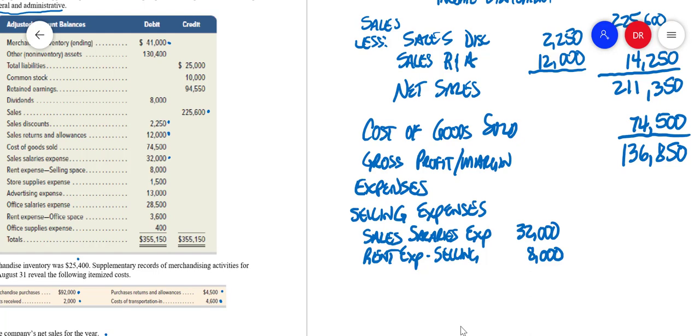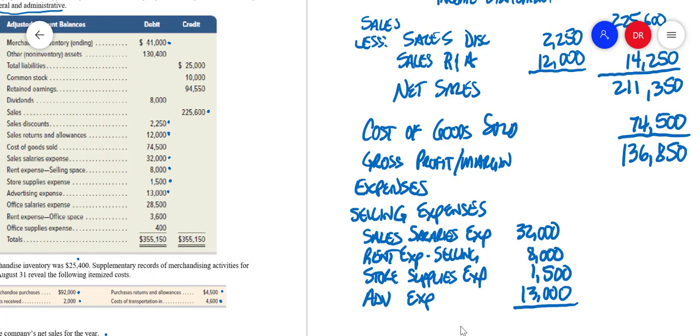Then we have store supplies expense, which is 1,500. And then we have advertising expense, which is 13,000. And I'm abbreviating here, but 13,000 is advertising.